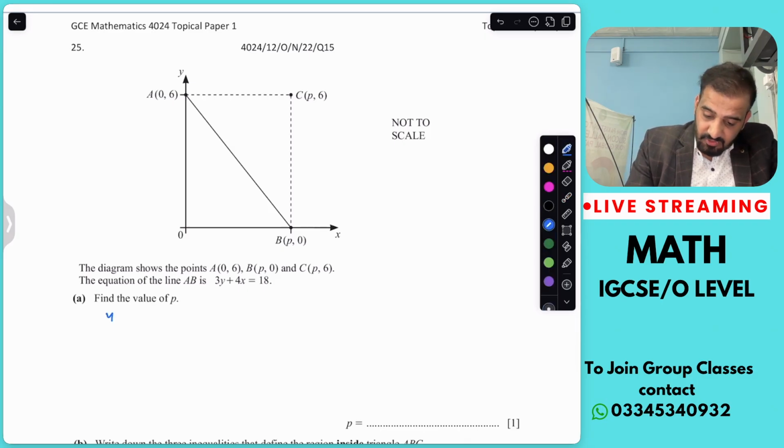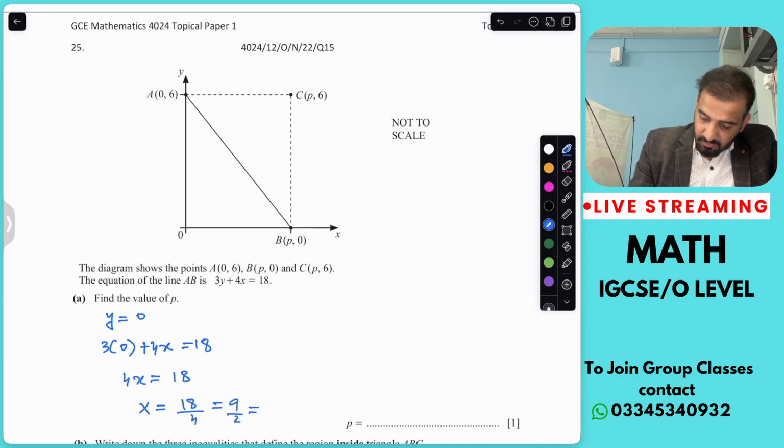So 3 into 0 plus 4x is equal to 18. So 4x is equal to 18. So x is 18 over 4, which is 9 over 2, which is 4.5. So the coordinates of B are 4.5 comma 0. It means P is 4.5.